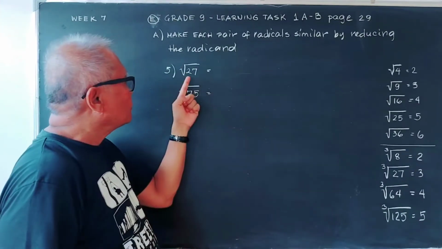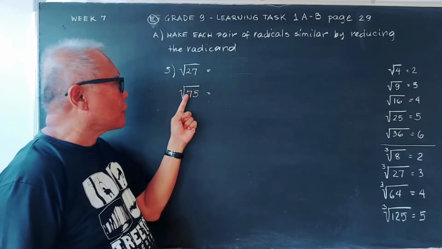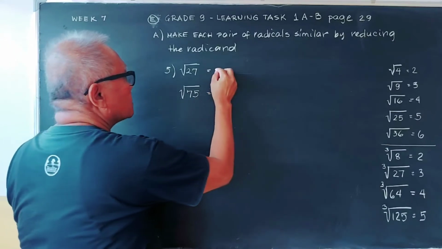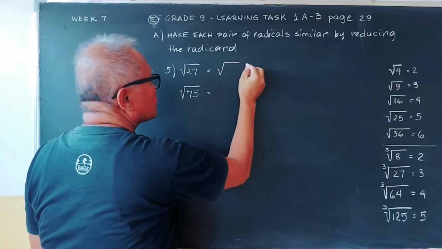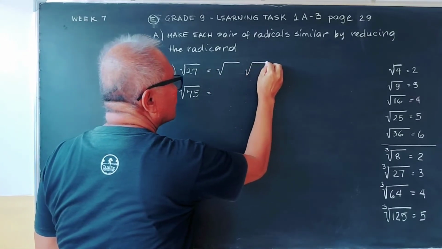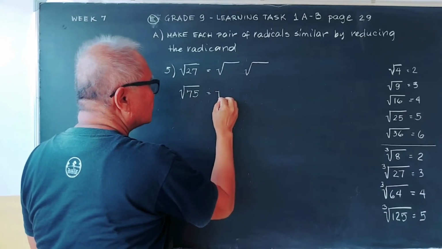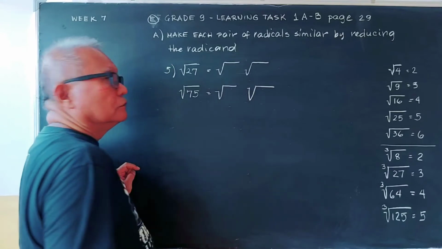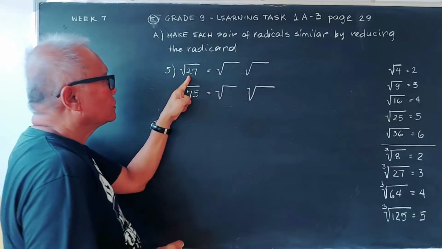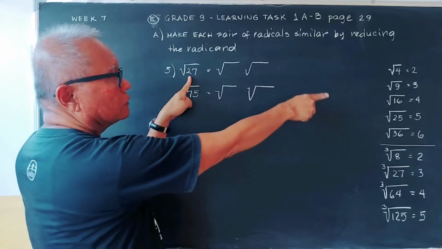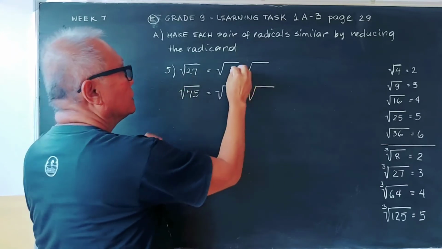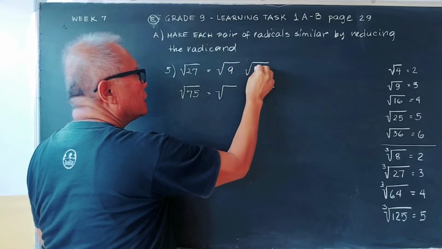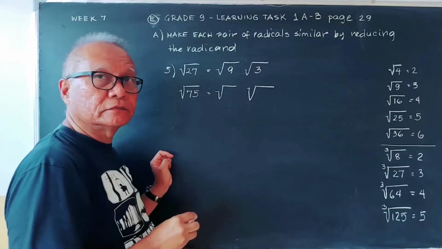Okay, number 5 is square root of 27 and square root of 75. So, let's have 2 square roots here. Ito rin sa baba. Unahin muna natin yung maliit. 27, tingin doon. 4, hindi. 9, yan. 9 and 3.